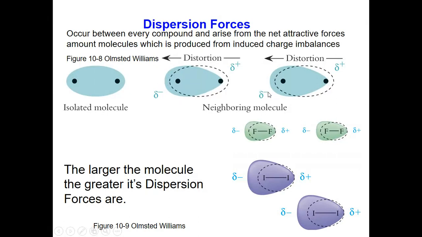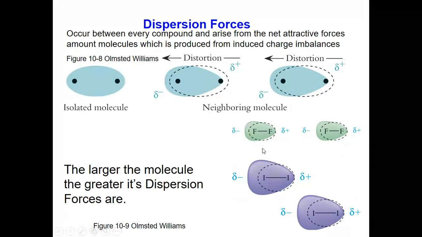And this creates a slightly negative end of this molecule because of the attraction to the nucleus, and a slightly positive end because of that repulsion of the electron cloud by that electron cloud. So we end up having slightly negative and slightly positive ends on both of the molecules here.